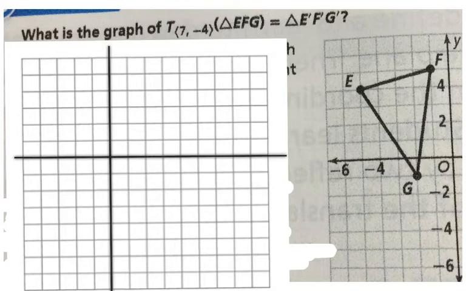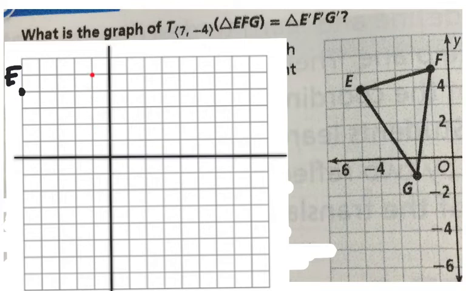Point E. What are the coordinates of E? E is at -5, 4. So I'm going to graph that. I need to go left 5, up 4. Okay, so right here is my point E. I'm doing F next. F was left 1 and up 5. So I'm going left 1, up 5.